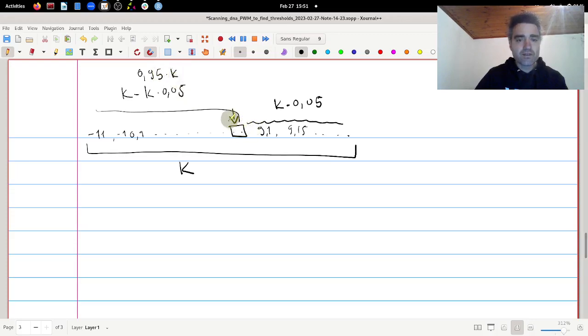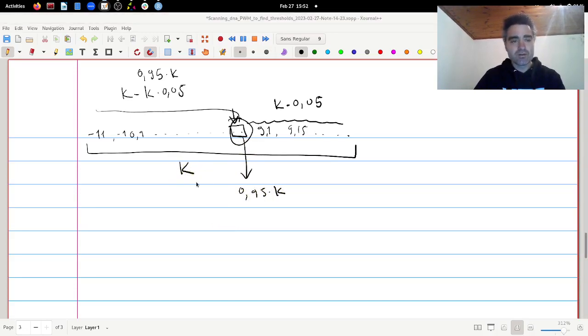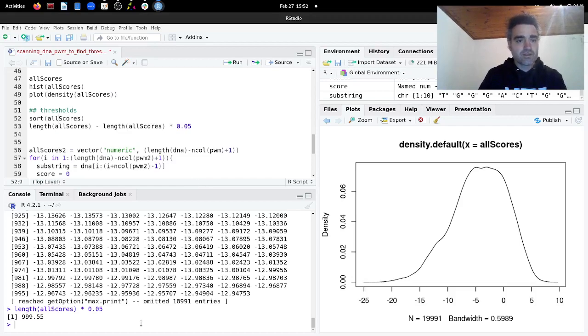So the index here will be in this position of 0.95 of k, where k is the length of the sequence. Okay, it's the same thing that I wrote here. So our threshold index will be 0.95 multiplied by this number.